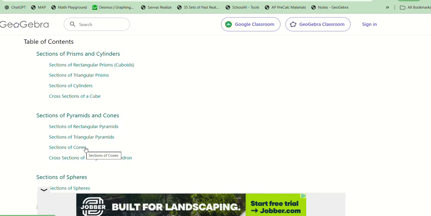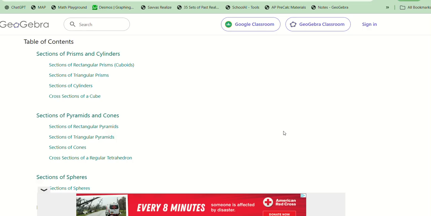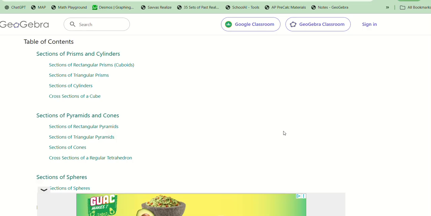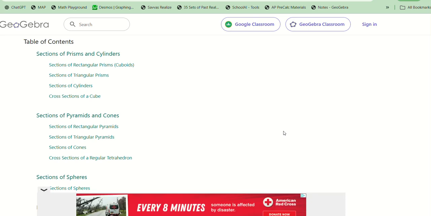What about a cone? How do I sketch a cone? A circle, and we meet up at a point down below. Okay, if I cut it parallel to the base, what shape would I get? Okay, what if it was perpendicular to the base?